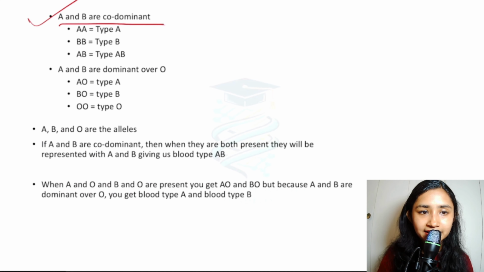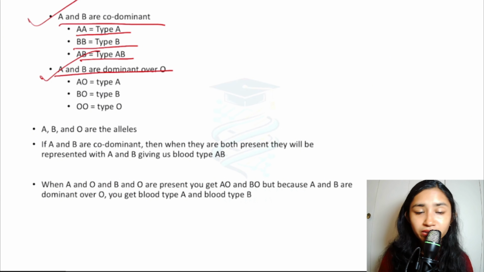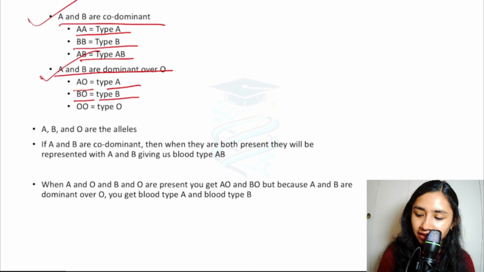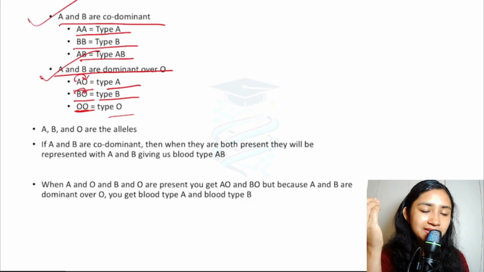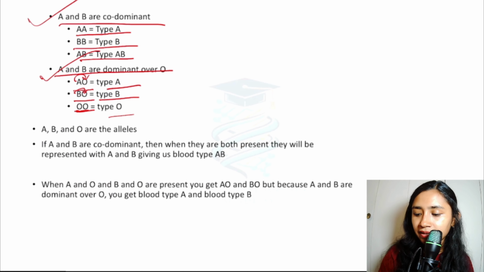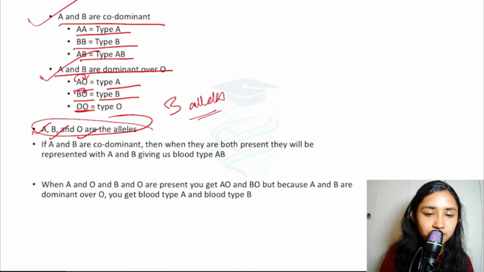Type A means IA IA or IA IO, type B means IB IB or IB IO, because A and B are both dominant over O. So AO means type A, BO means type B, and OO means O. So in order to express the O phenotype or O blood type, you need to have 2 O alleles. So A, B, O are the alleles. There are 3 alleles for human blood type, so that is why it is known as multiple alleles.